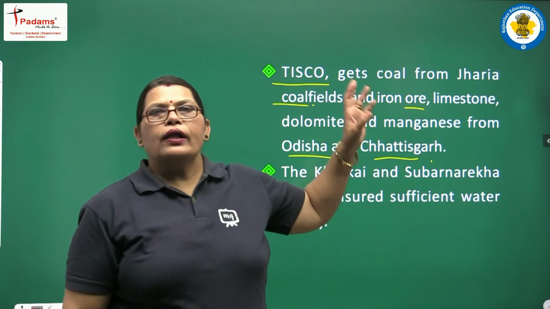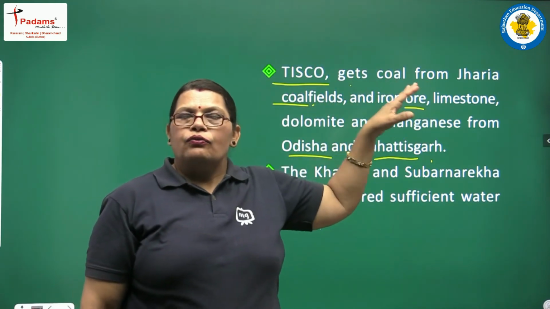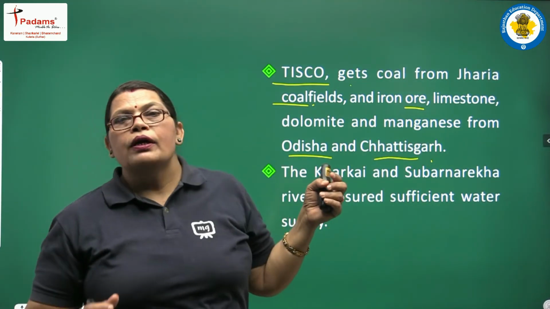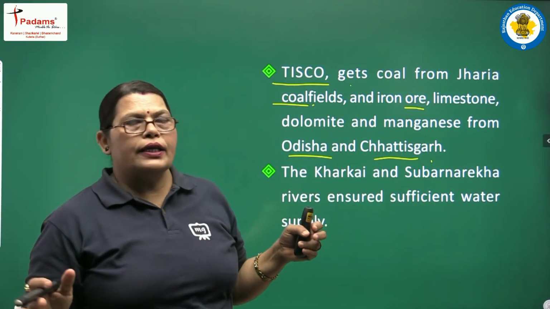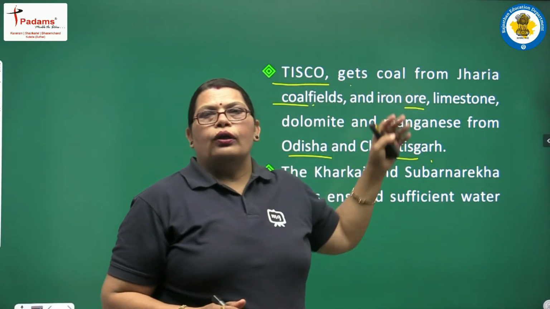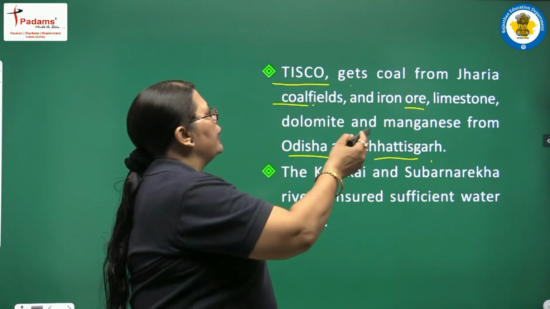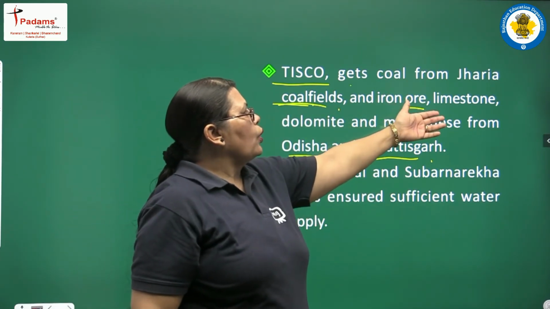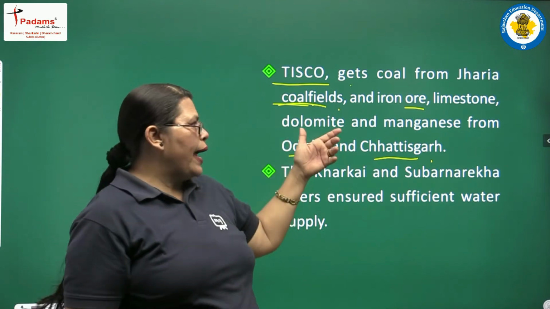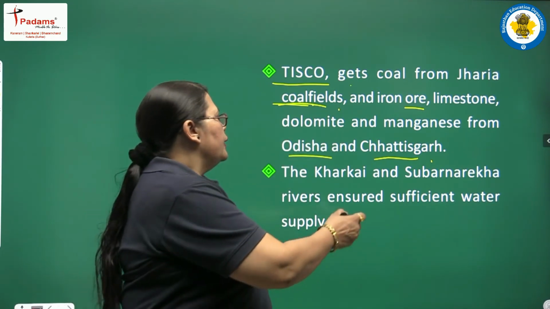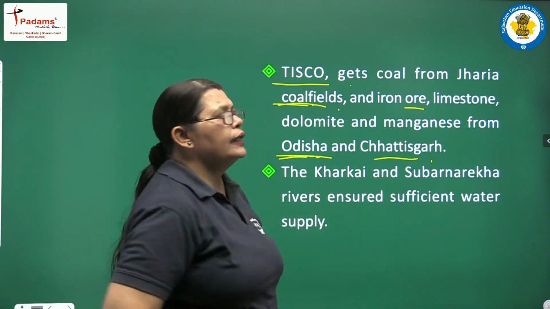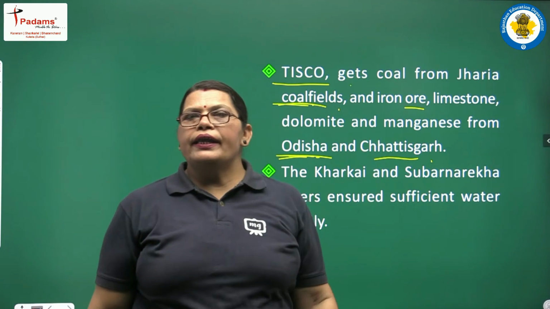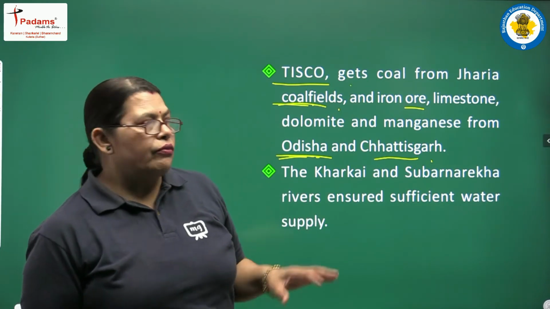See students, all these things are necessary for making steel, and all are available from nearby states. Coal was easily available from the Jharia coalfields. Iron ore, limestone, dolomite and manganese need to be collected from Odisha and Chhattisgarh, which are the main hubs for minerals. So everything is available here.